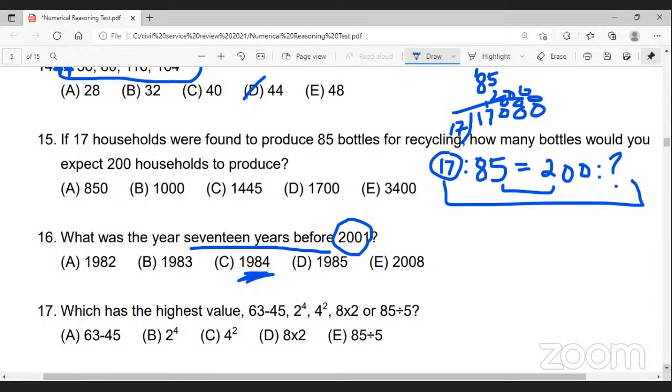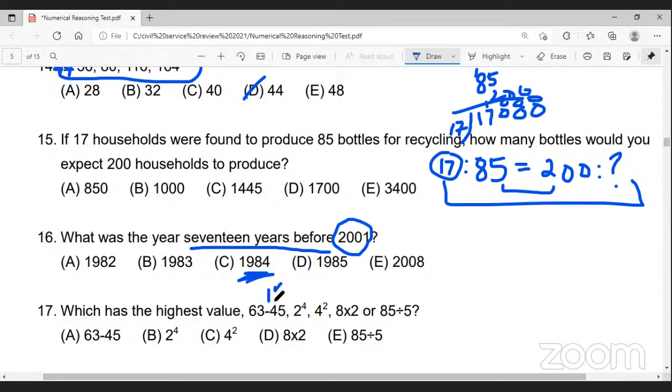Can you now find the highest? Okay, one at a time. 63 minus 45. The answer is 18.